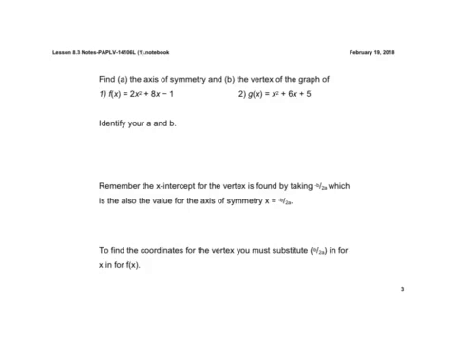So let's take a look at an example here. So they ask us to find the axis of symmetry and then ask us to find the vertex. So in example 1 here, we want to identify our a and b first. So our a is equal to 2 and our b is equal to 8. And so remember, the x-intercept is found by taking the negative b over 2 times a.